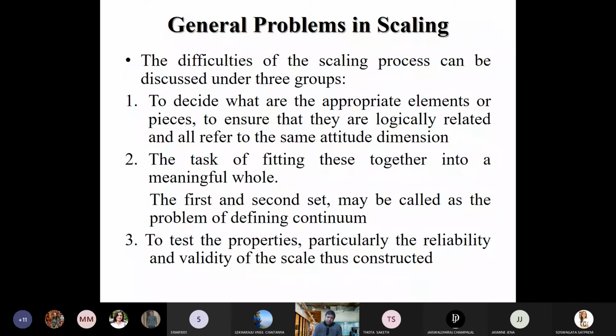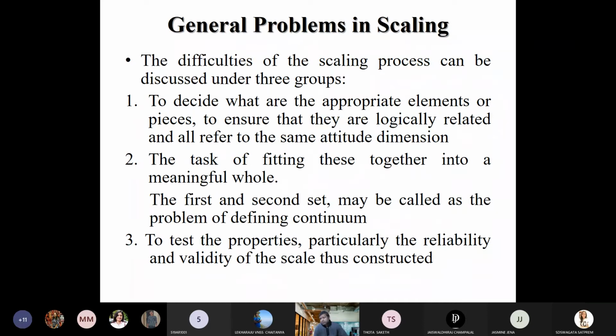First, to decide what are the appropriate elements or pieces to ensure that they are logically related and all refer to the same attitude dimension. Here we are focusing on the general problems that usually come from scaling and how to overcome them.